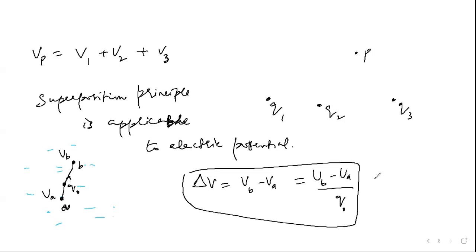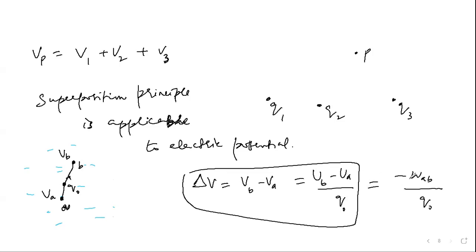And we also write it sometimes as minus WAB by Q naught, where WAB is the work done by the electric field as test charge is moved from point A to point B. Negative is because of the definition.